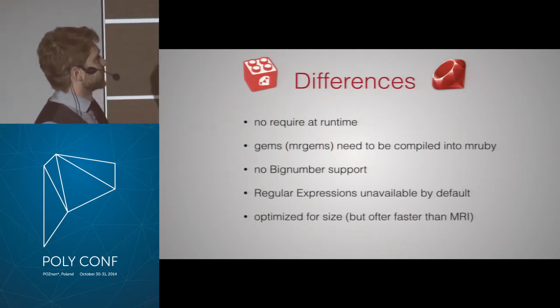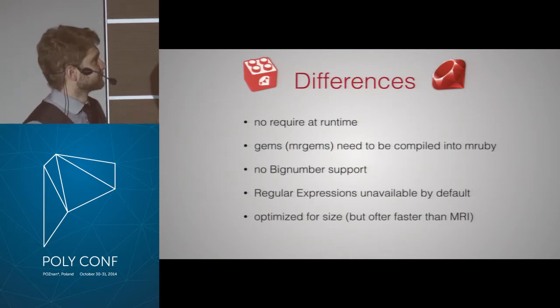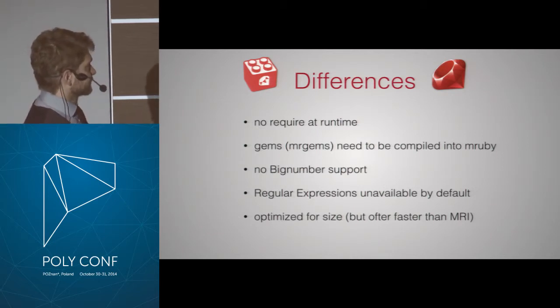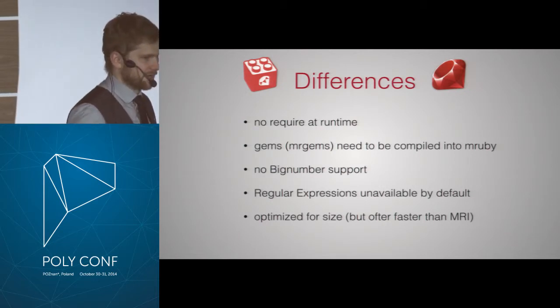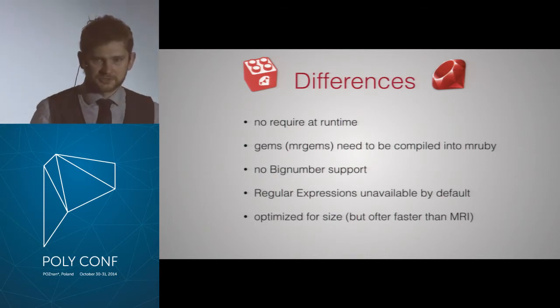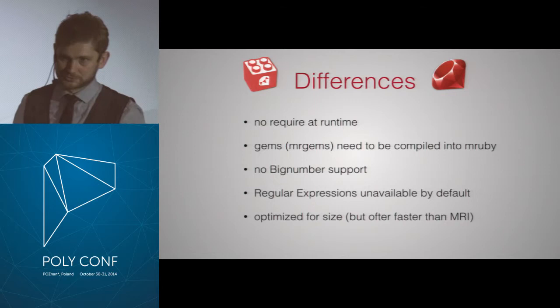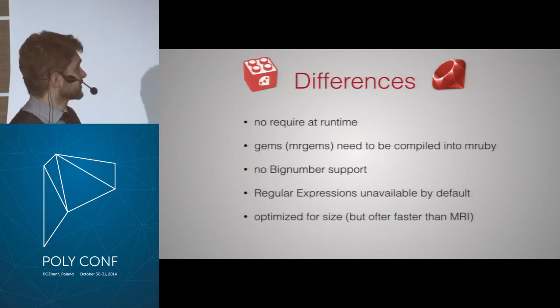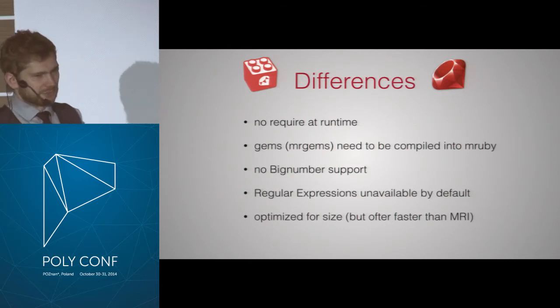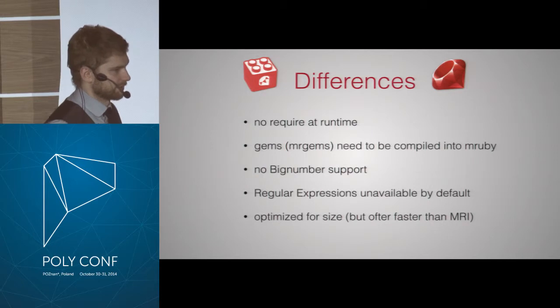mruby, again, has no require at runtime unless you implement it yourself. No gems. There are things similar to gems. They are called mrbgems, but you need to compile them into the actual Ruby executable. So mrbgems are used to put features into mruby that were removed from it.